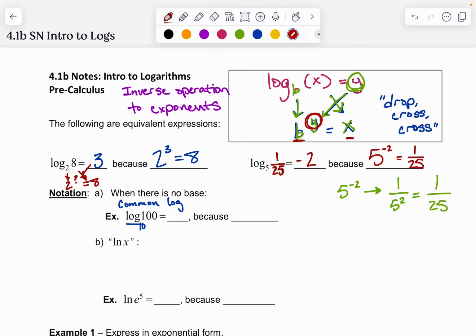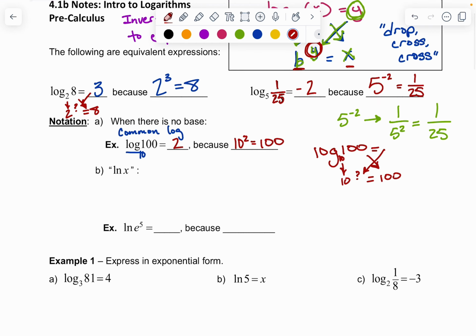And your answer would be 2. 10 squared equals 100. Again, if you weren't sure about that, 10 is understood to be right there, so you could drop, cross, cross, and you'd say 10 to the what power equals 100? Well, 10 squared equals 100.